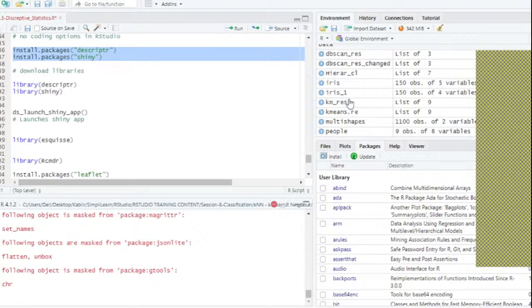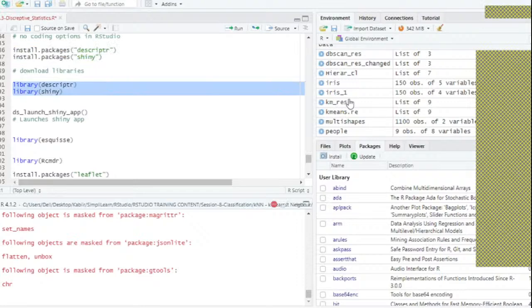Could not open Shiny. Why, Saurabh? Any message it is giving? Could not find the function. After app, you have to put a bracket. Did you activate these two, descriptor and Shiny?